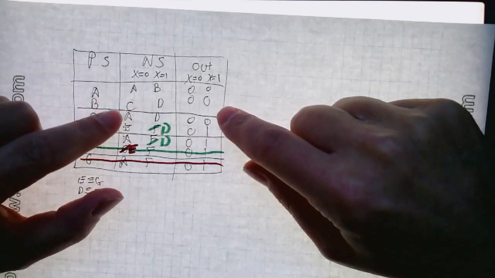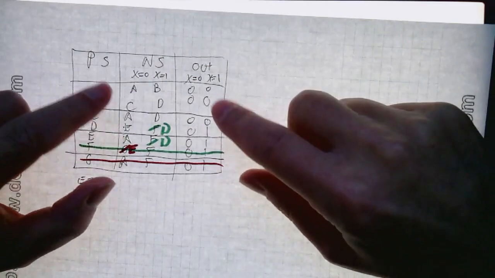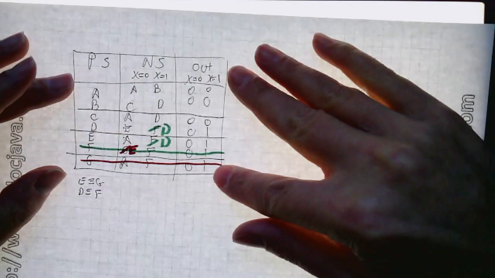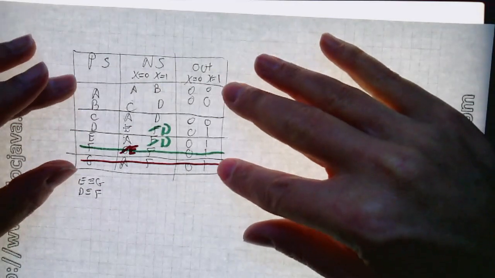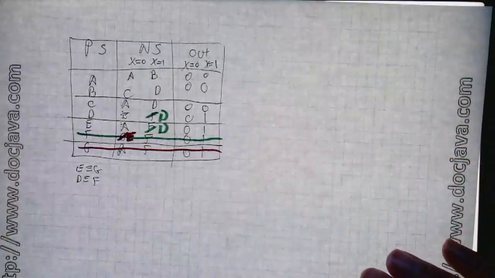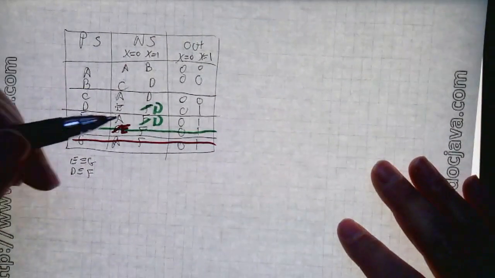How about CD? We don't have anything. AD, nothing. ED, nothing. So now we've got a nice reduced form. It's pretty good, but maybe there's more. I've already done some simplified row reduction technique. Now I'm going to do the implication table, starting from the reduced finite state machine table.